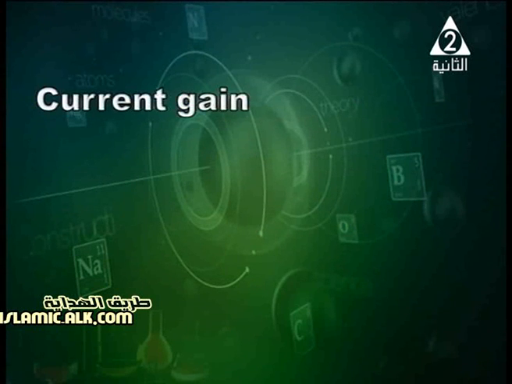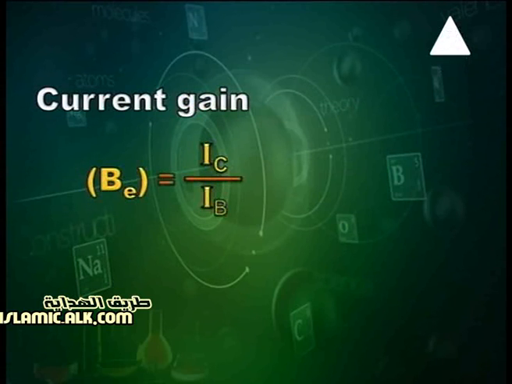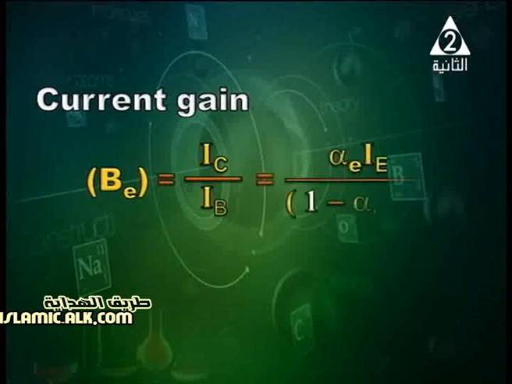And we've got current gain. Current gain is denoted by beta E, which is the ratio between collector current and base current. Collector current equals alpha E times I emitter. We've obtained that base current is equal to 1 minus alpha E between two brackets times emitter current, and of course emitter current will be crossed out.